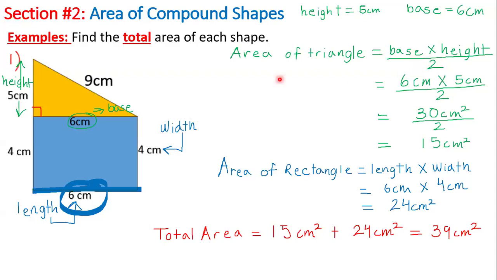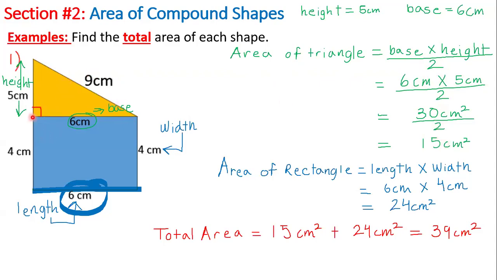Here, the base is 6 centimeters because this length is 6 centimeters. And here, the height is 5. And so that's how we get 6 times 5. What is 6 times 5? 30. And so we do 30 divided by 2, and that gives us 15. So that's how we get the area of the triangle.